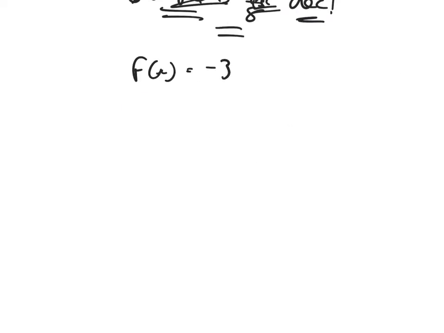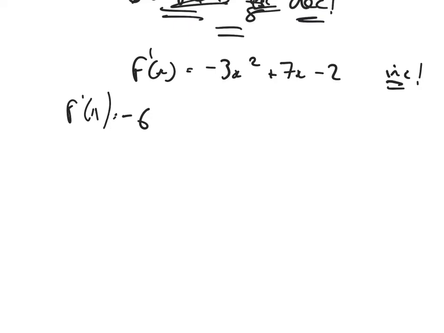Find where the function minus 3x squared plus 7x minus 2 is increasing. So let's differentiate. Minus 6x plus 7 is greater than 0 for increasing. Minus 6x is greater than minus 7. I'm now going to divide through by a negative number, which is minus 6.